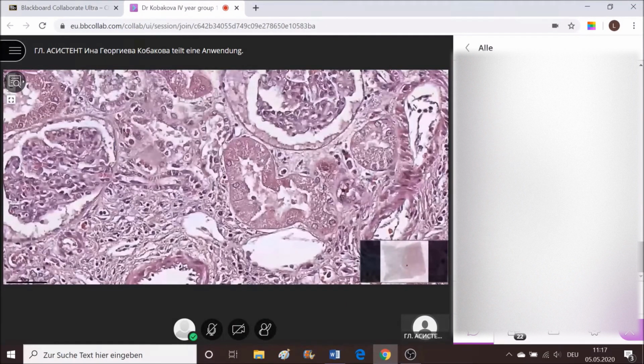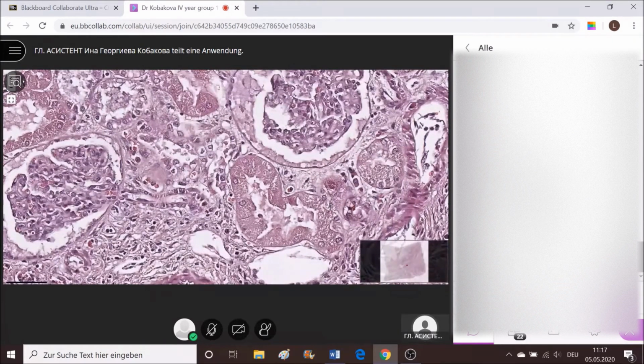We see one which is with marked lack of nuclei. And we see some sort of granulated appearance of the cytoplasm, which is due to further necrosis of the cell, which will lead to final death of the cell and disintegration of the cytoplasm.